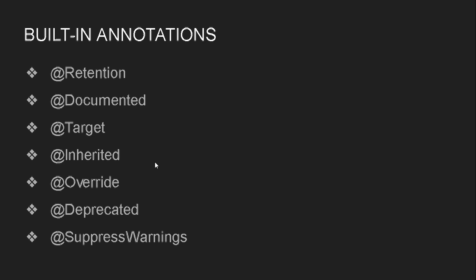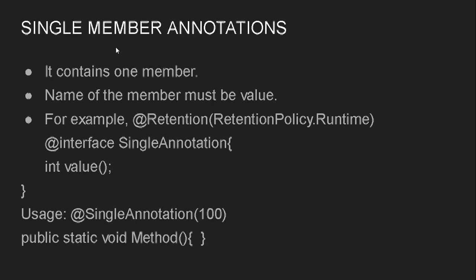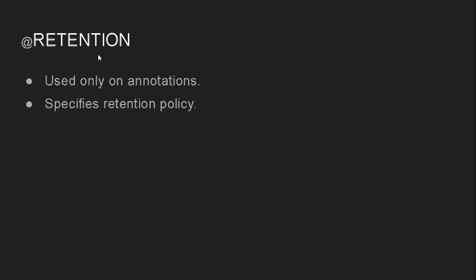Let's read these annotations one by one. First of all, I am going to talk about retention. This annotation we have seen numerous times already. For example, this particular line: retention policy dot runtime. This is exactly what this annotation is used for.